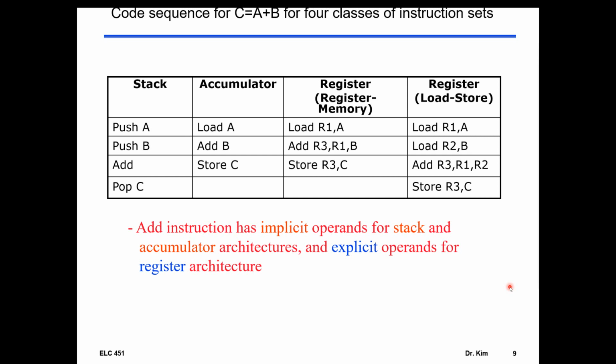Then you add the contents of register 2 and register 1 and put the result in register 3. And then you store the contents of register 3 in address C. All these sequences of instructions have the same result: the sum of the contents of memory locations A and B ends up in memory location C.